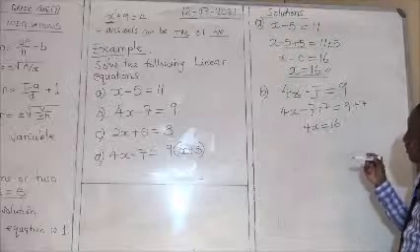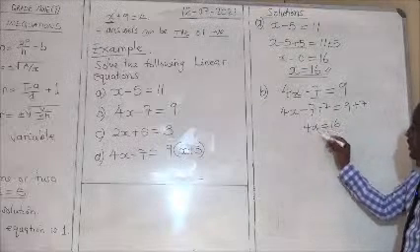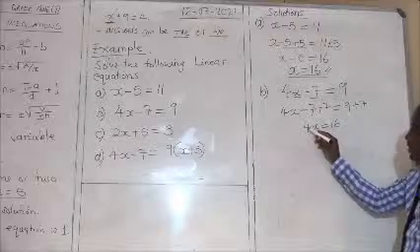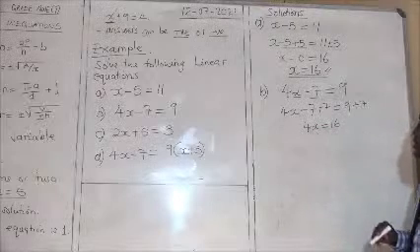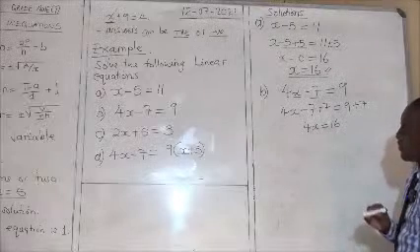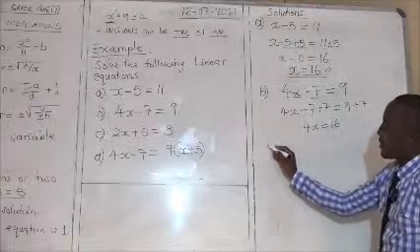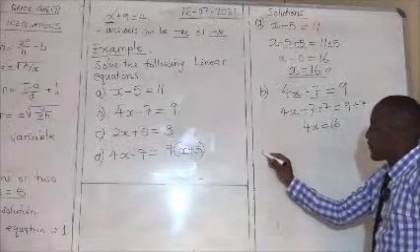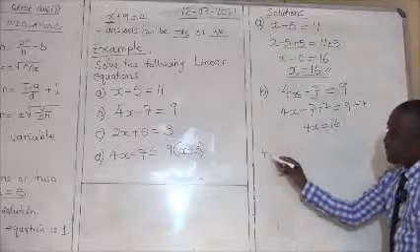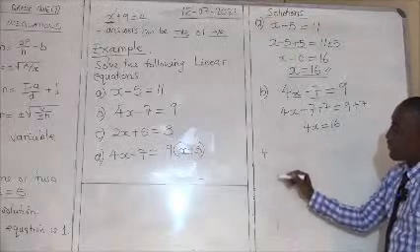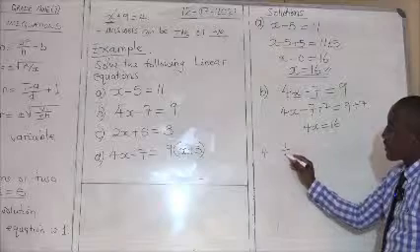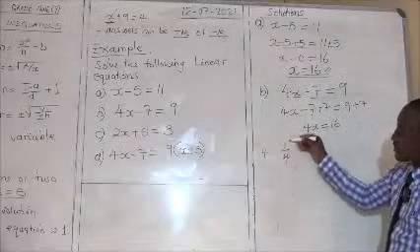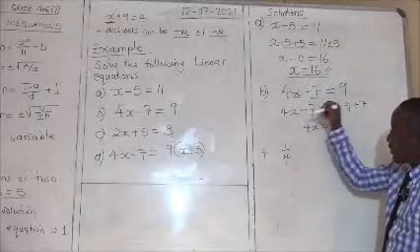Now for us to find the value of x, we should use the multiplicative inverse of 4. For the multiplicative inverse, when you have a number, for instance here we have 4, the multiplicative inverse of this 4 is 1 over 4. It's just 1 over the number which you have.